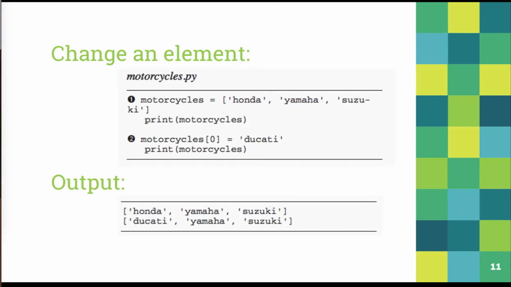Honda, which was originally stored at item 0, has gone away. We have changed what is stored there much in the same way that we changed what was stored in variables in chapter 2. Of course, you would use this same method to change item 1 or 2. Well, there's only 0, 1, and 2 in this list, right?